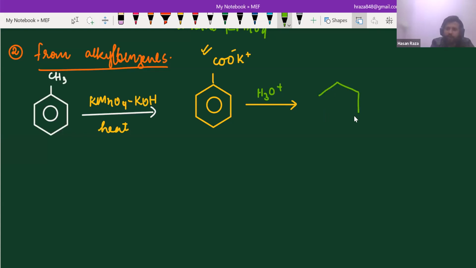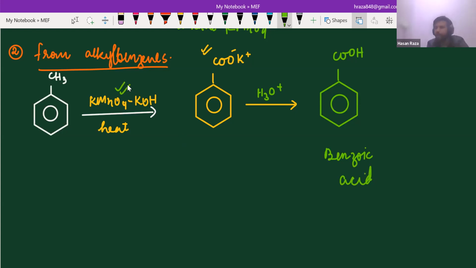So this K plus will be directly replaced with H, and in this way we get benzoic acid. This is a very strong oxidizing agent. Is that clear?